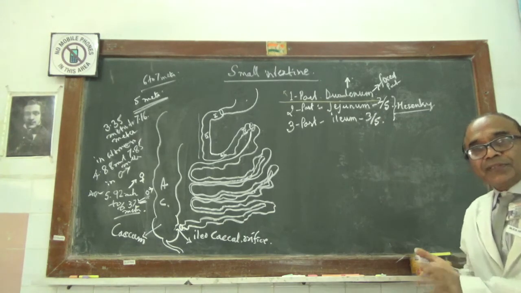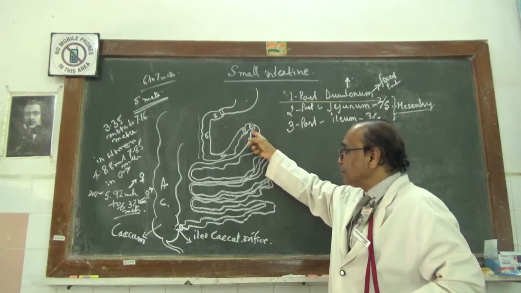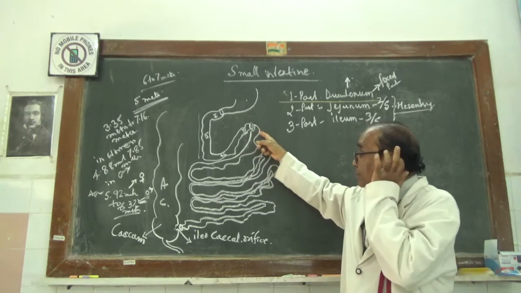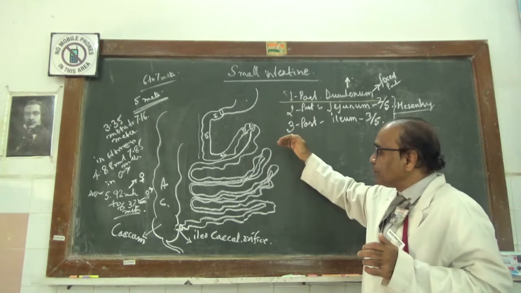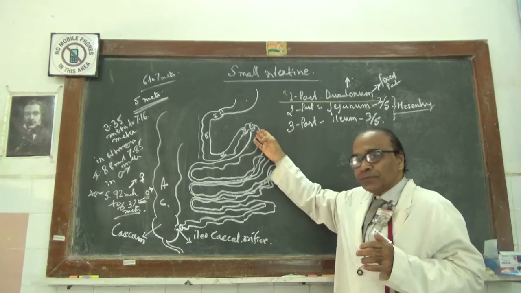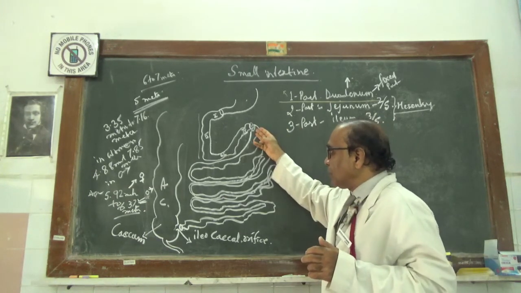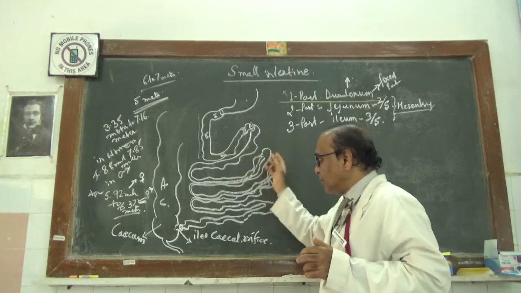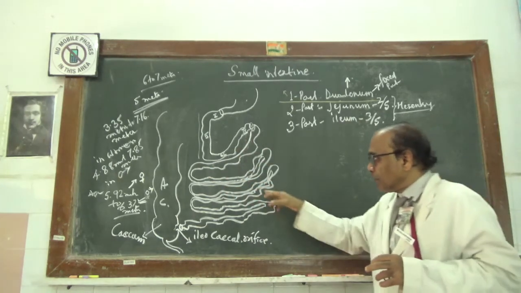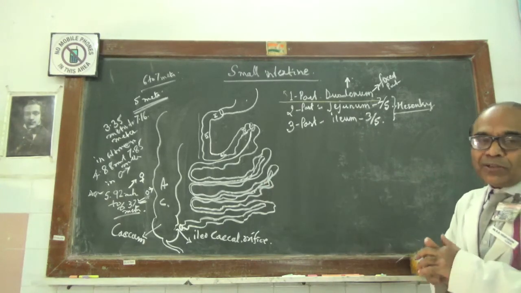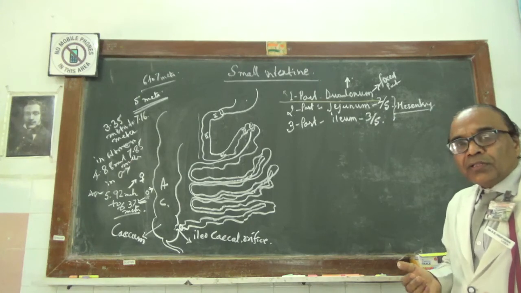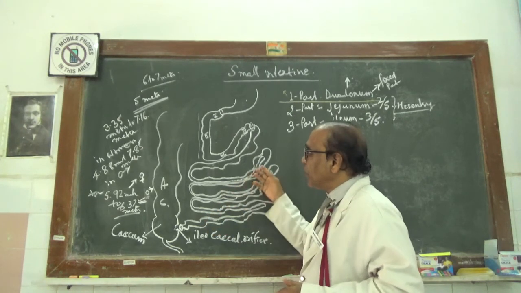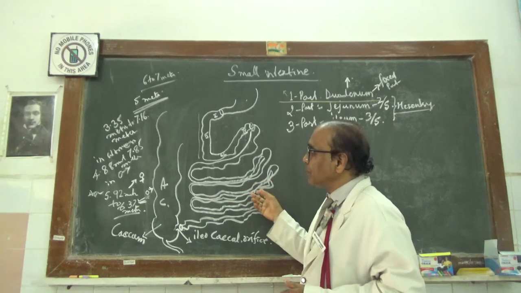This jejunum starts at the duodenojejunal junction on the left, just below the transverse colon. From there it runs downwards towards the right, thrown into a number of coils, and then covers almost the entire infracolic compartment, in a number of coils.